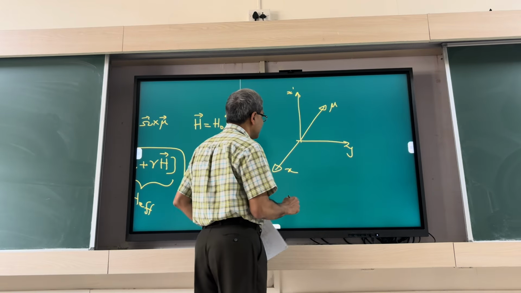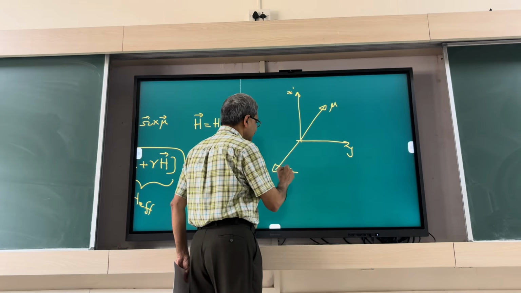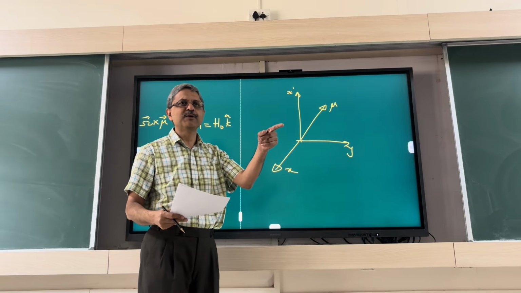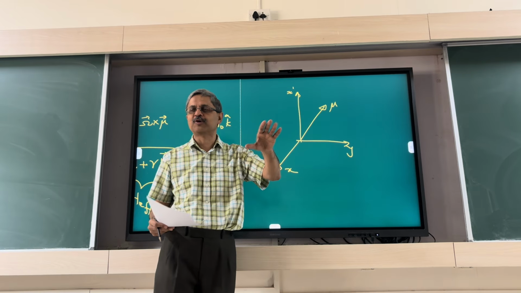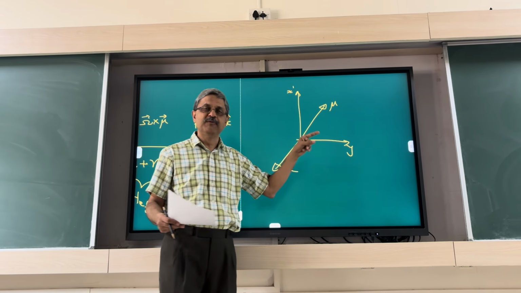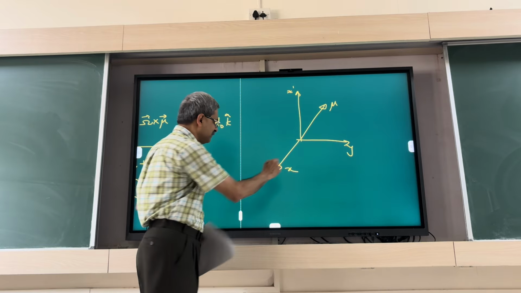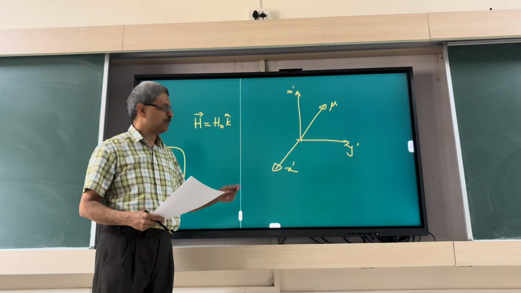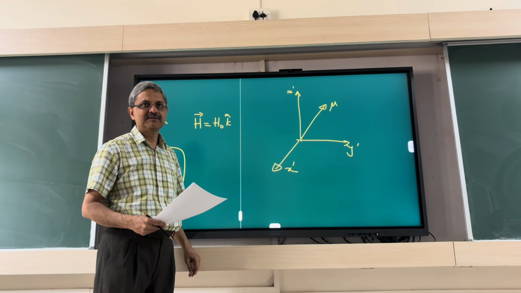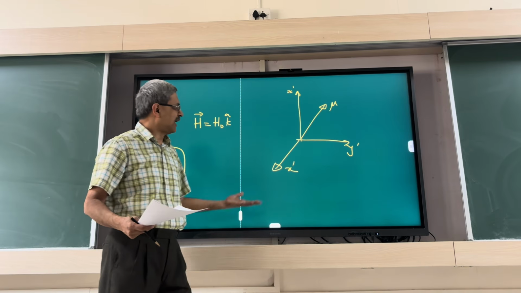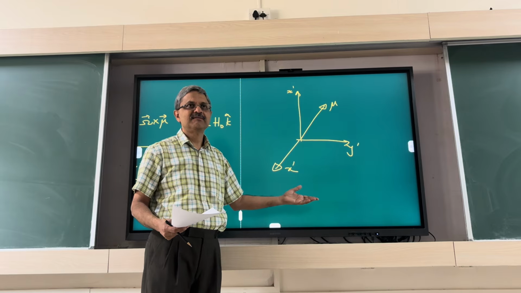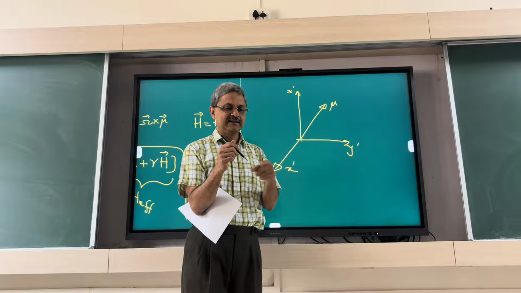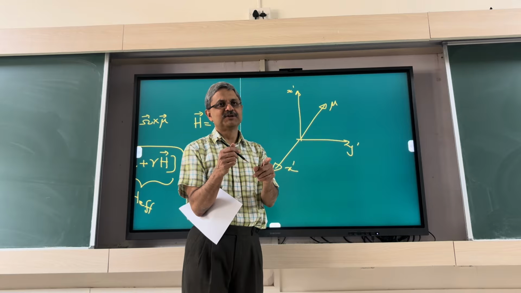Now, if I apply an RF field along the x direction, x prime really. In the rotating frame my axes are denoted by x prime, y prime, z prime, so I'm viewing the problem in the rotating frame. So if I have an AC field pointing in the x prime direction, I know the solution to this. If I have a magnetic moment and then there is a field, what is the solution?